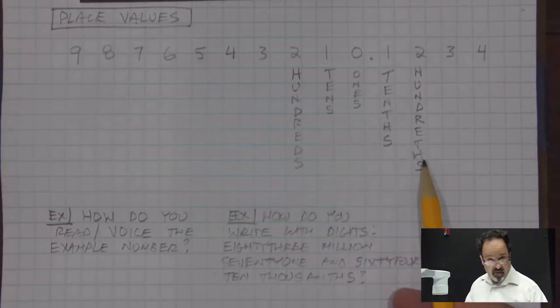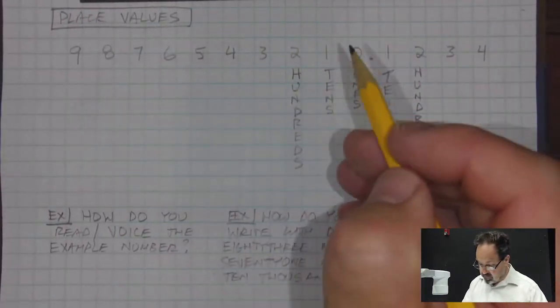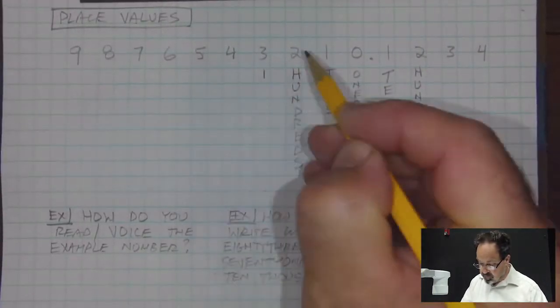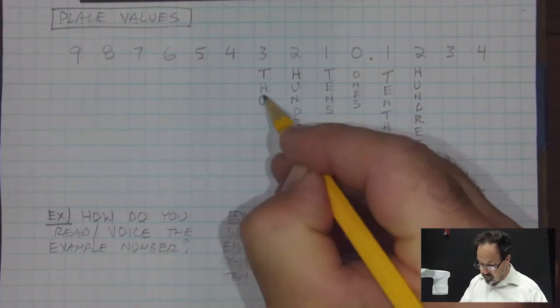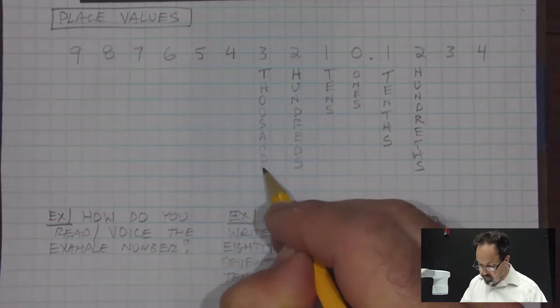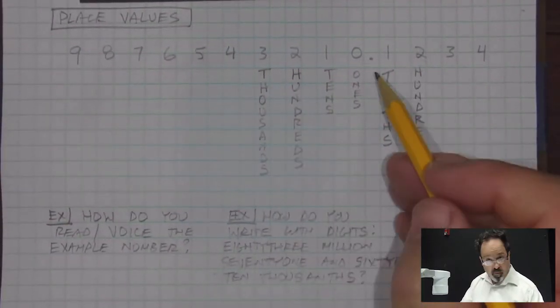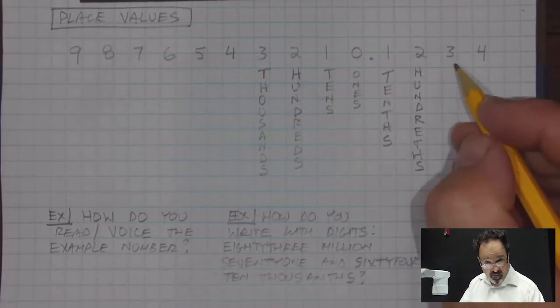Hundreds and hundredths. This 3 is in the thousands position. And we can compare that to the right of the decimal with this 3 being in the thousandths position.